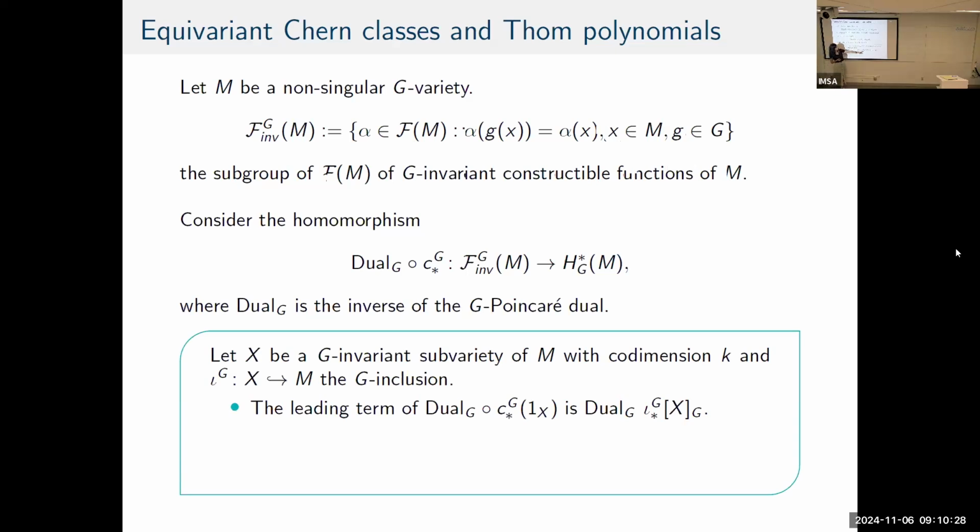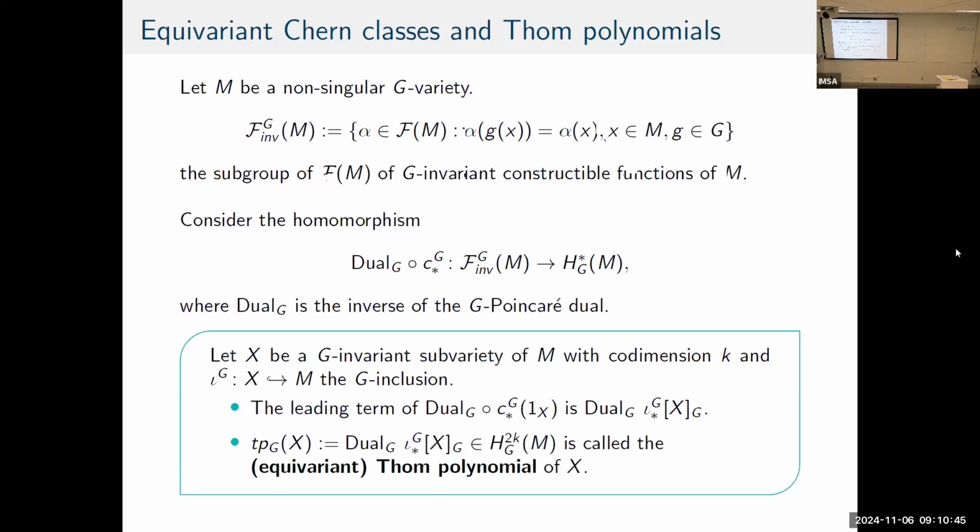So we take the constant function 1 on X, and then apply this transformation to this element. Now the leading term of this class is the dual of the push forward of the fundamental class in the equivariant setting. And the equivariant Thom polynomial of this variety X is defined precisely by this leading term.